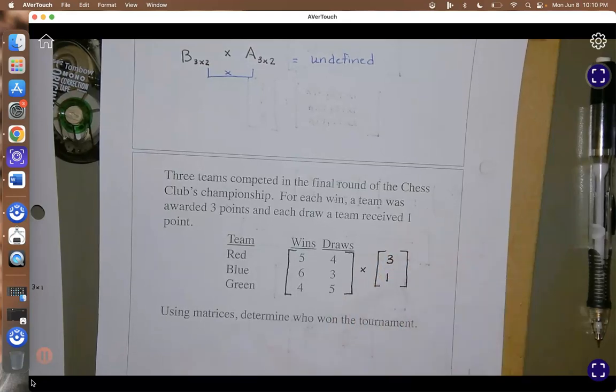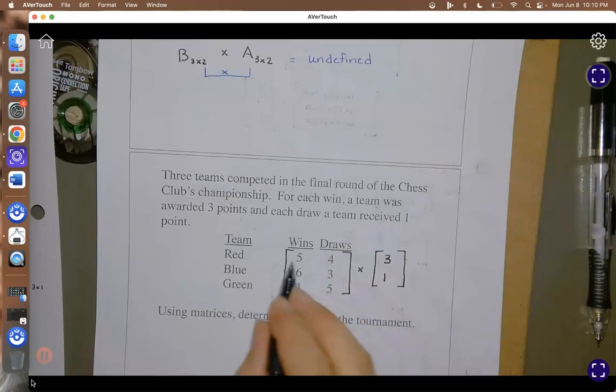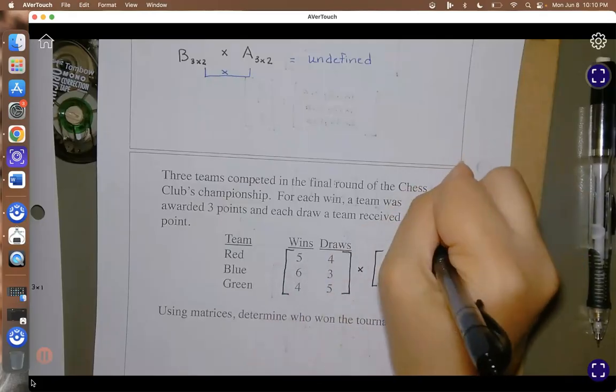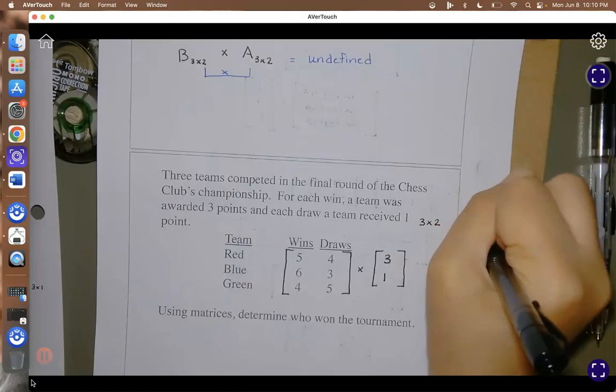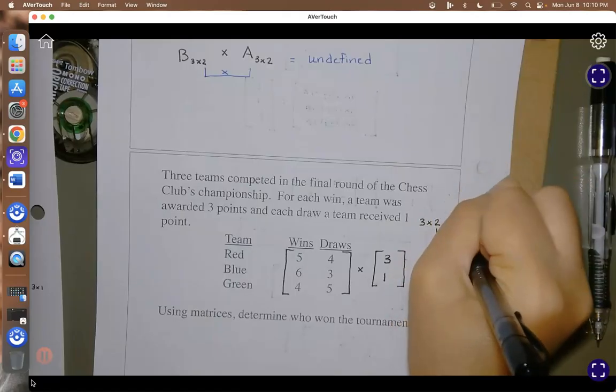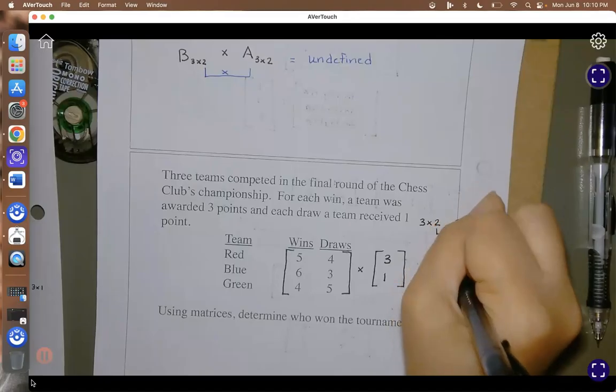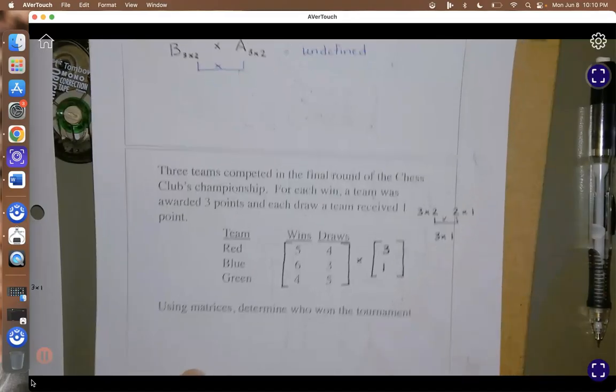Okay, so you're going to be multiplying by this. So let's look at our size. 3 by 2 and a 2 by 1. So that means our answer is going to be a 3 by 1.